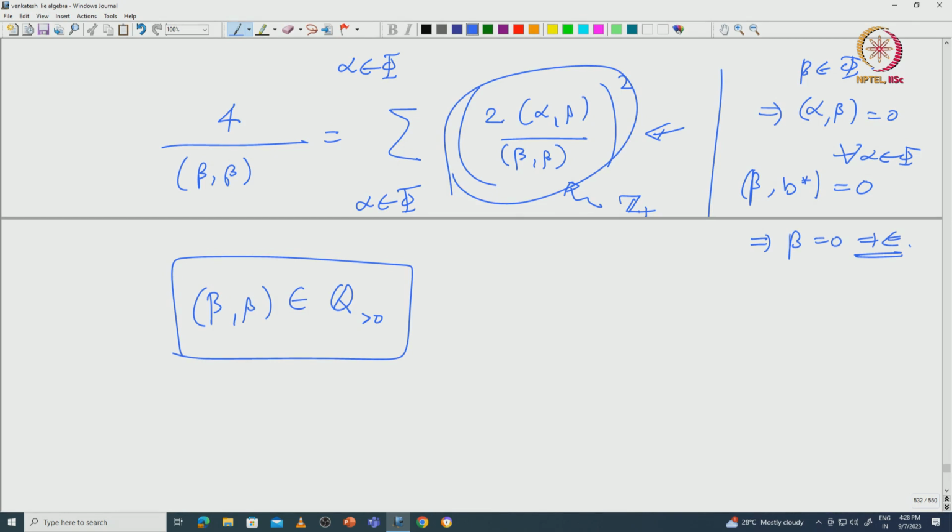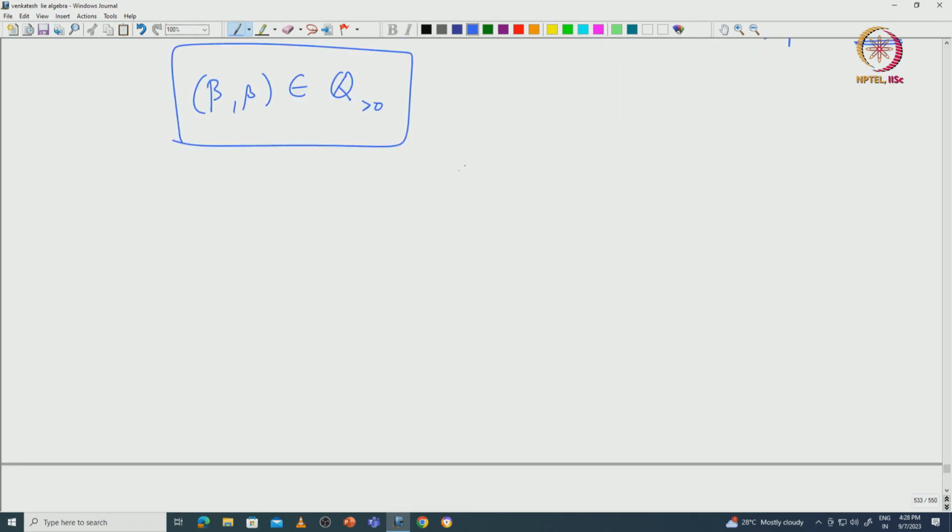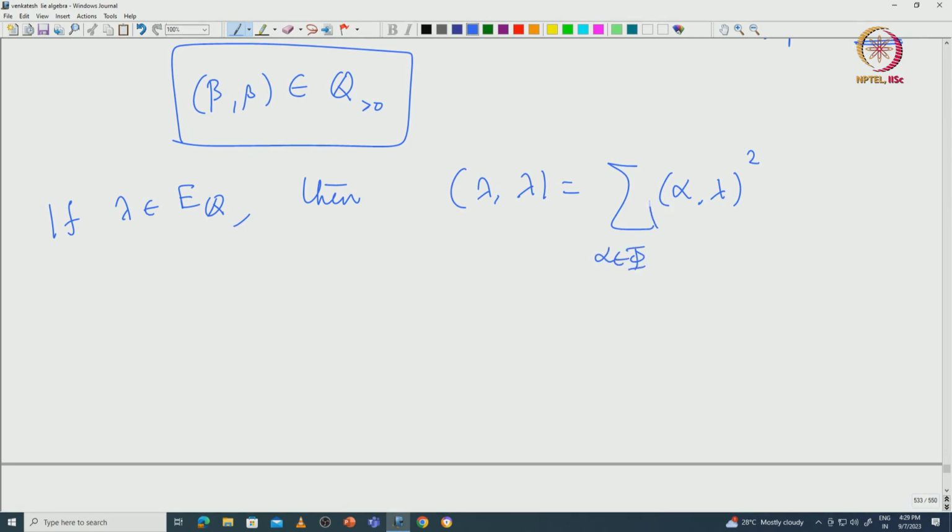So, now if we take lambda from EQ, then the same formula tells us that the product (lambda, lambda) is exactly the summation of (alpha, lambda) squared, where alpha is coming from phi. Again, since these are all non-negative squares, this is 0 if and only if (alpha, lambda) is 0 for all alpha in phi.